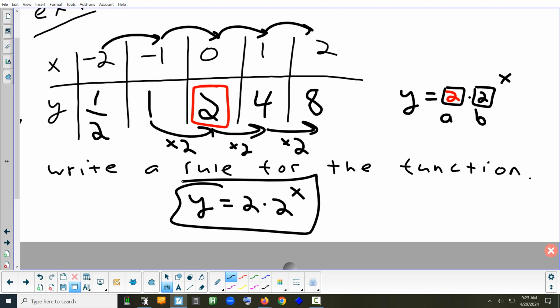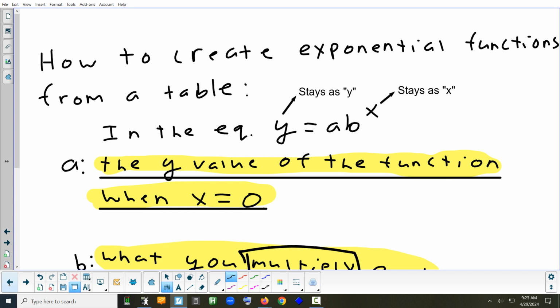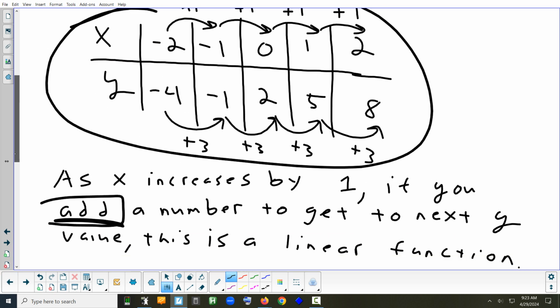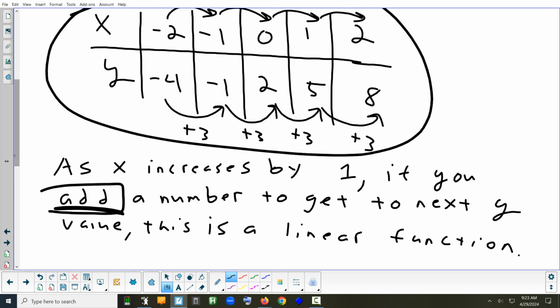All right, any question on that one? All right, now what if I gave you a table like that, and I just asked you, is this exponential? What would you say, yes or no? Yes. How come?